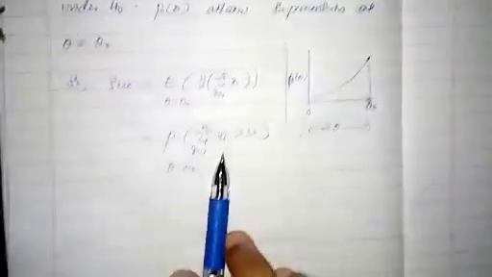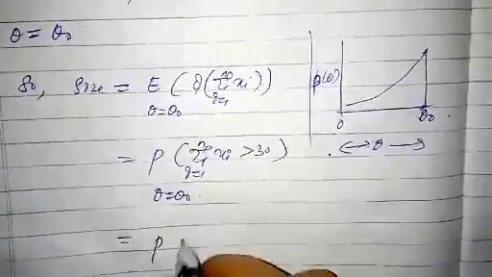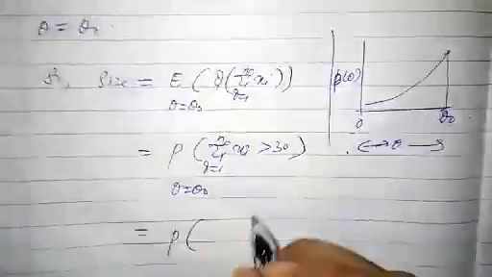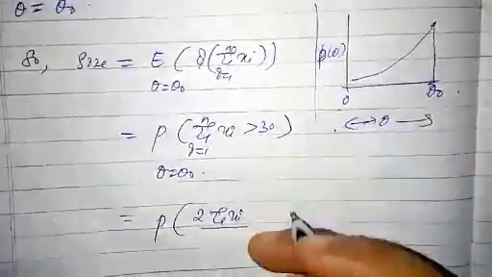It's from the test function. So we can write it as probability of 2 into summation xi. Here we simplify the terms.